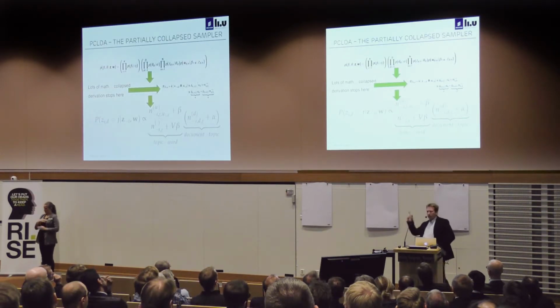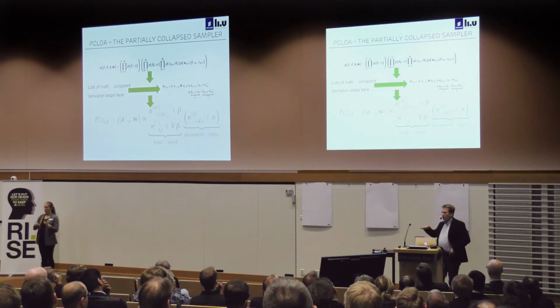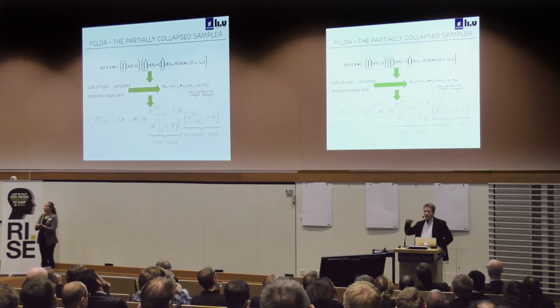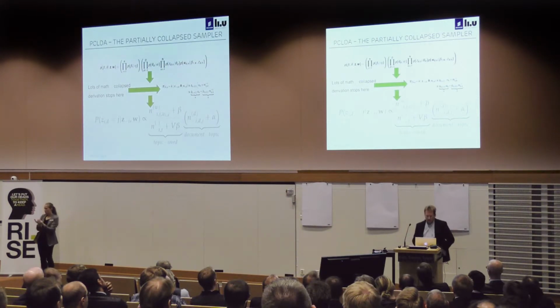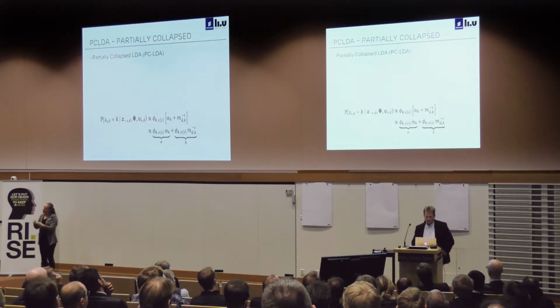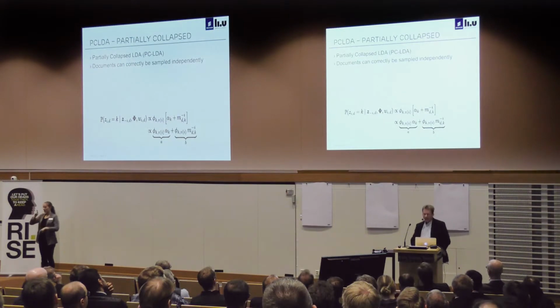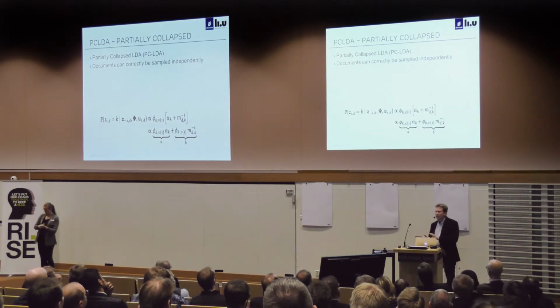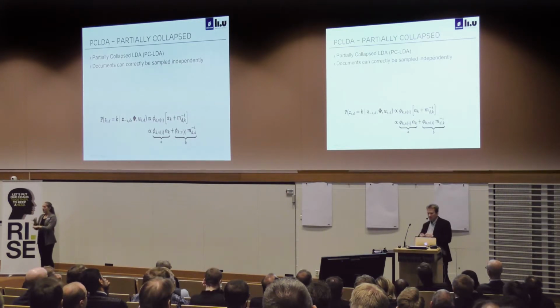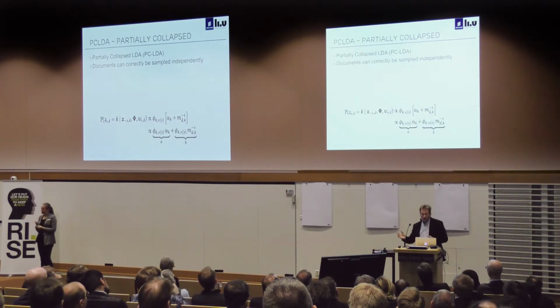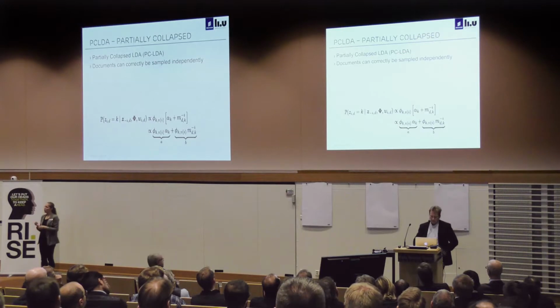Well, we start with the same expression, but we only go halfway. So it's partially collapsed, and we save some of these random variables. And when we save these random variables, the documents can actually, mathematically correctly, be sampled independently. So we can completely parallelize over documents and still have the correct model.